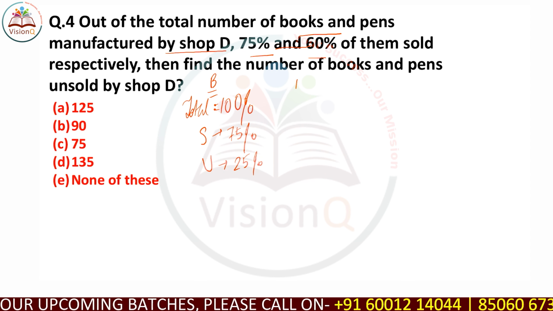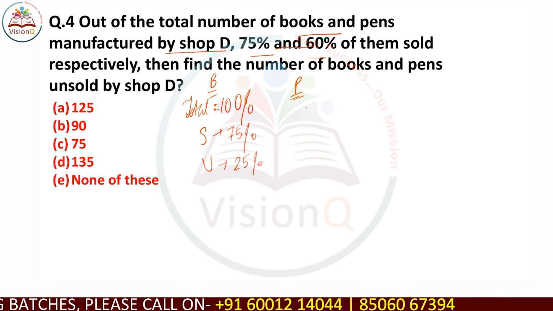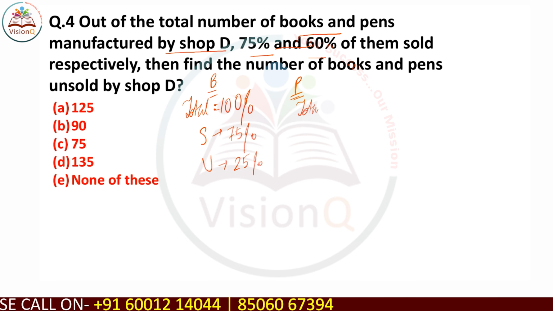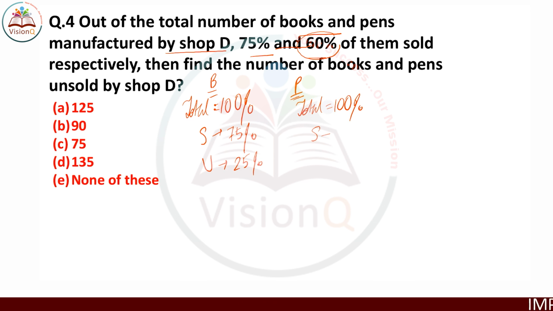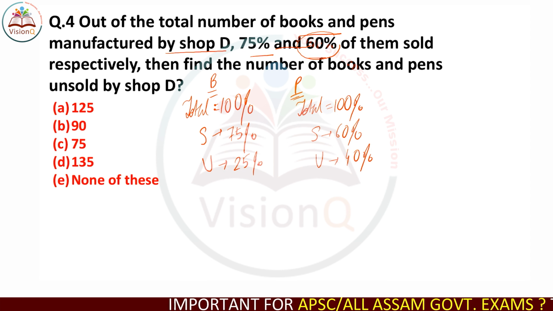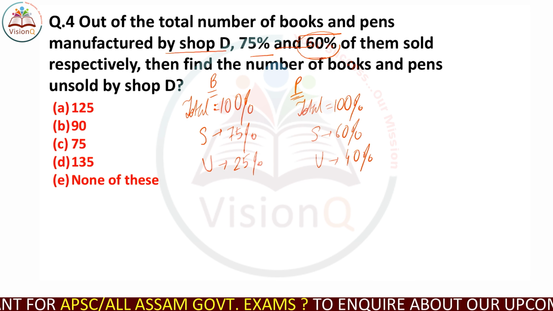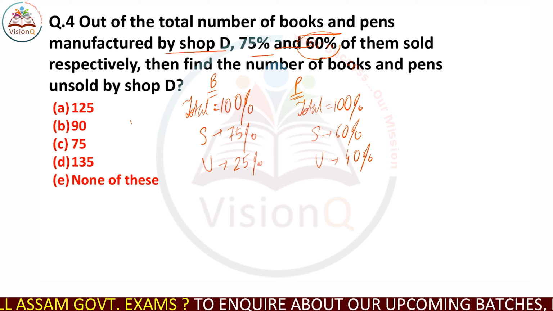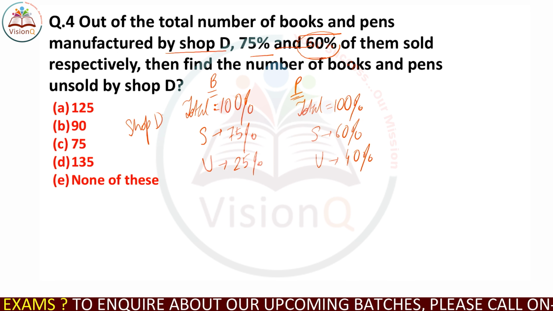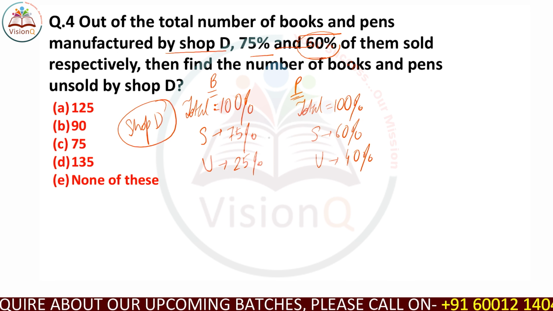Then if I see the case of pens, out of total 100% number of pens manufactured, if 60% of the pens were sold, then obviously the remaining 40% pens will be unsold. Okay, so it is asked to find out the number of books and pens unsold by shop D.